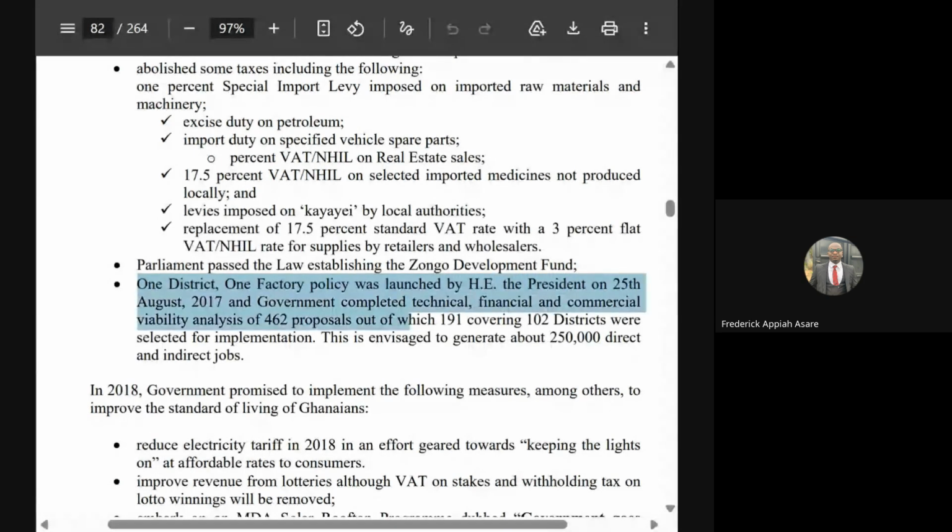They launched it on the 25th of August 2017, and government completed technical, financial, and commercial viability analysis of 462 proposals, out of which 191 covering 102 districts were selected for implementation. This is envisaged to generate about 250,000 direct and indirect jobs. So this is what Akufo-Addo told us in the 2017 budget, that he was going to build one district, one factory.